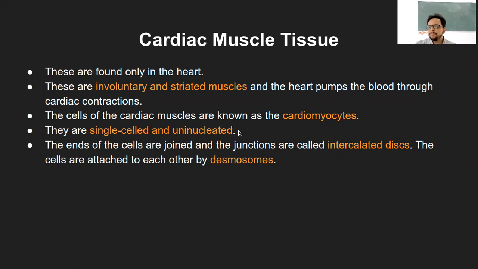The moment we say uninucleated, you can imagine they have to be relatively smaller in size and not elongated like other muscle cells. What does it mean by single cell? Single celled means these are arranged in stacks of single cell layers.